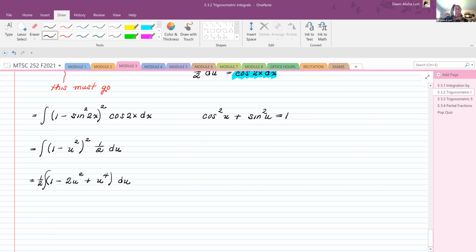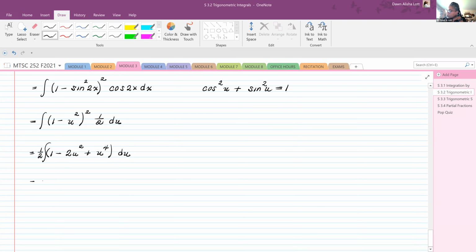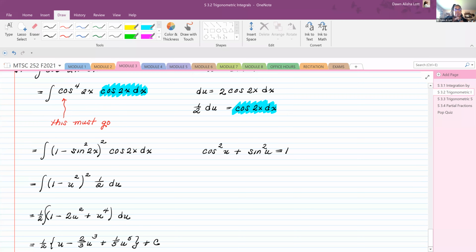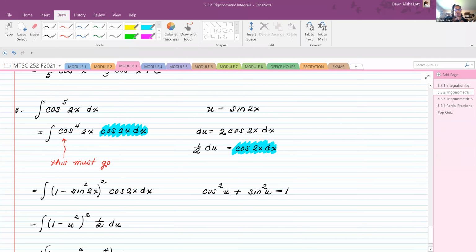So now I can integrate 1/2. I'm going to get u minus 2/3 u cubed plus 1/5 u to the 5th plus a constant. And u is sine of 2x.